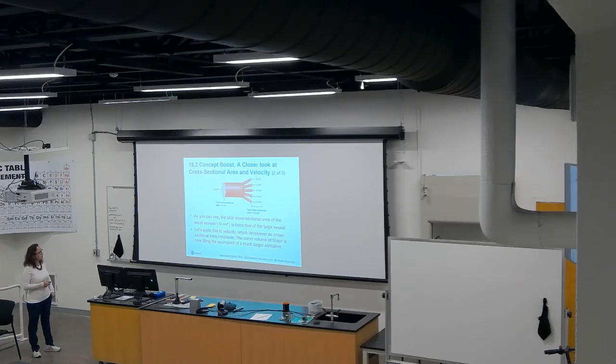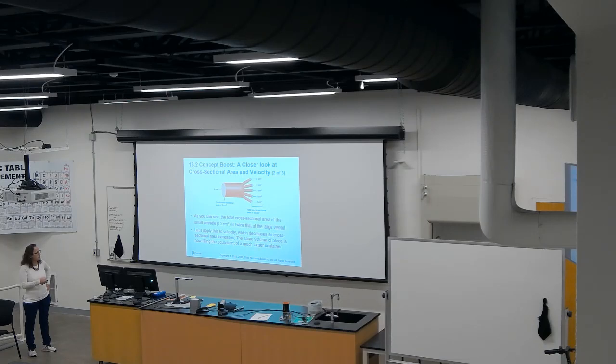So in here we have a closer look at the relationship between cross-sectional area and velocity. In this case, we have a blood vessel with a cross-sectional area of 5 centimeters squared. If this large blood vessel splits into 5 small ones, each of them will have 2 centimeters squared.